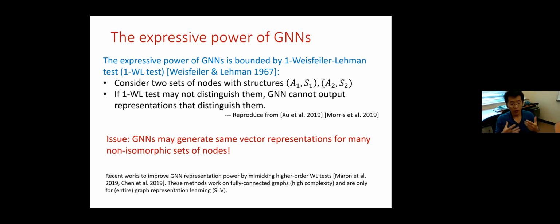Therefore, the graph neural network will generate the same vector representation for many structures, although they are not isomorphic to each other.